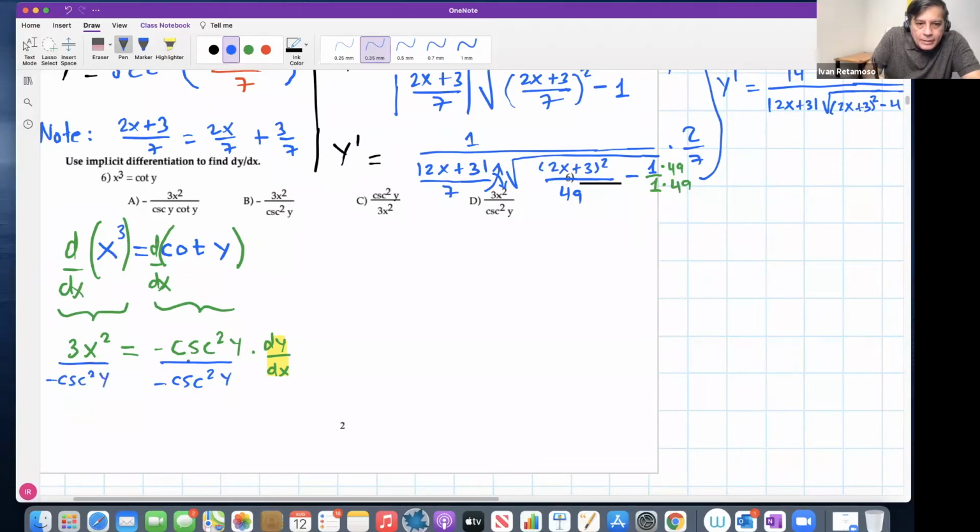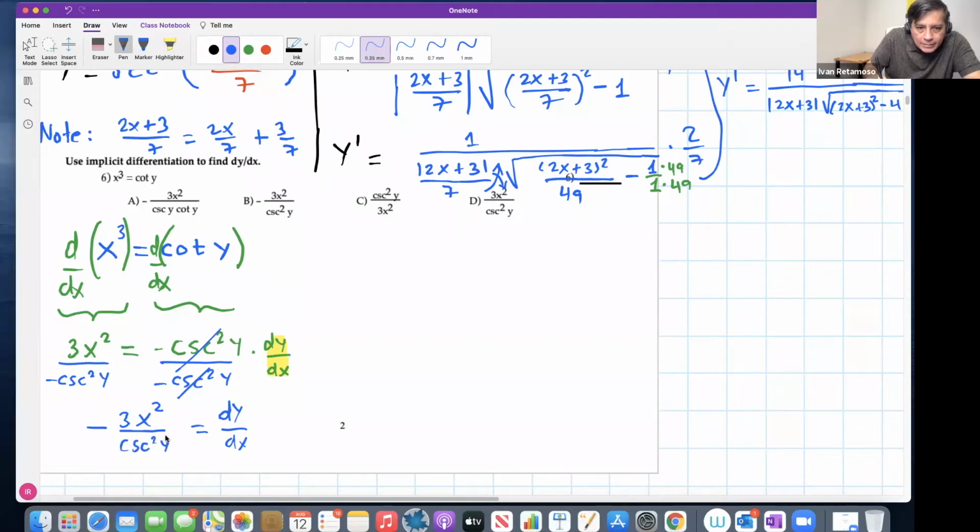Here they cancel. dy dx should be equal to this guy. Minus, mathematicians often place the negative sign in the middle, right? Don't be surprised.